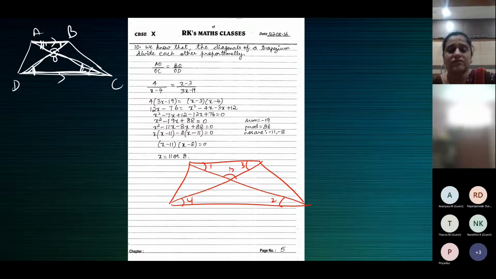And angle 5 is equal to angle 6, vertically opposite angles are equal. So the triangles are similar by AAA similarity criterion. In similar triangles, corresponding sides are proportional. If you write the proportion, you will get the result. So this is how you do it using similar triangles.